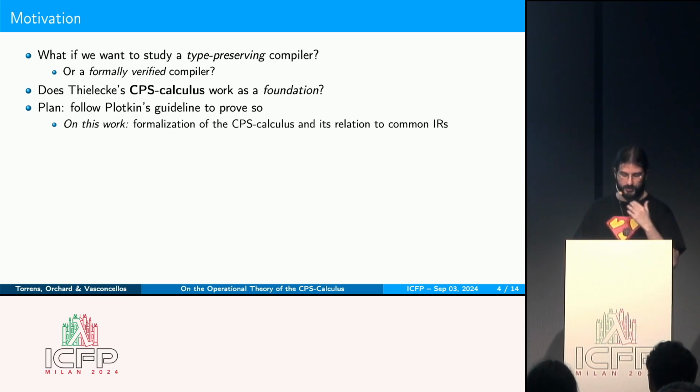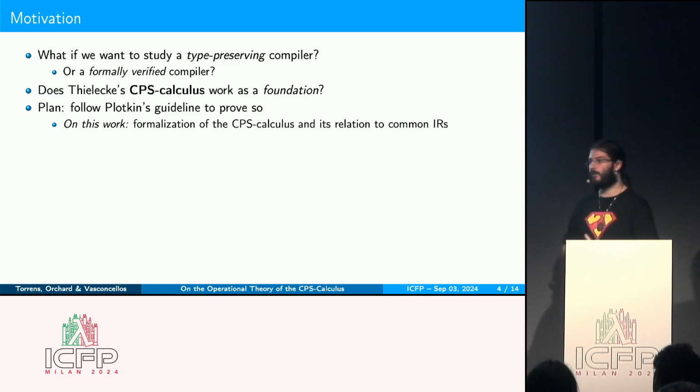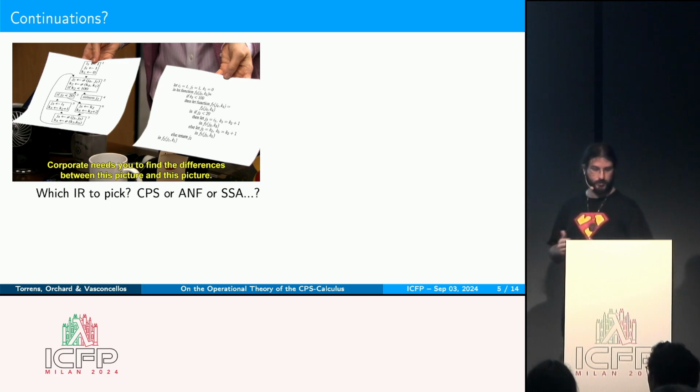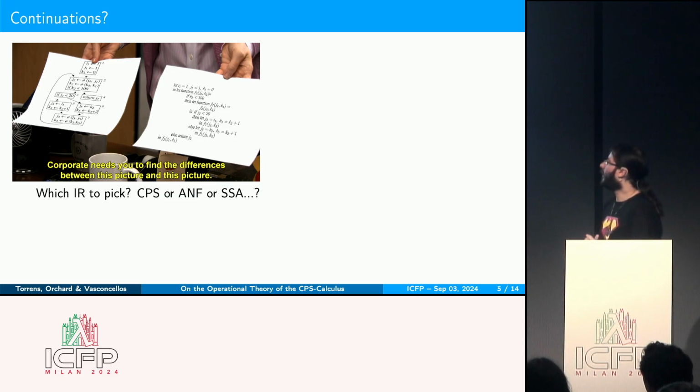So we're taking the CPS calculus and proving that we can use it to reason about IRs. And on the way, we find out several theoretical properties about it. Some people more familiar with IRs might ask, why are you talking about CPS calculus and continuations? Why not SSA? Why not ANF?